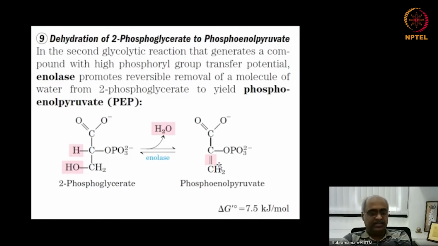So that is sort of resonance kind of stabilization. Therefore, the hydrolyzed structure, which will be pyruvate, is more stable. So therefore, we call this a high energy compound. And enolase generates this by dehydration of the 2-phosphoglycerate.